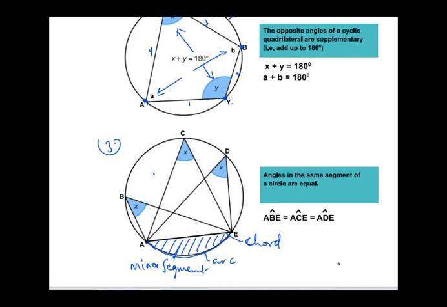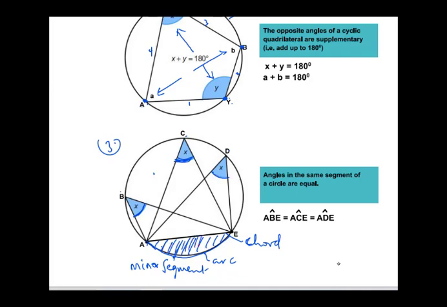So the rule is angles in the same segment of a circle are equal. If I look at angle ABE, that is this angle here, it is found on this segment, and angle ACE is also found on that same segment, and lastly angle ADE is also seated on that segment.